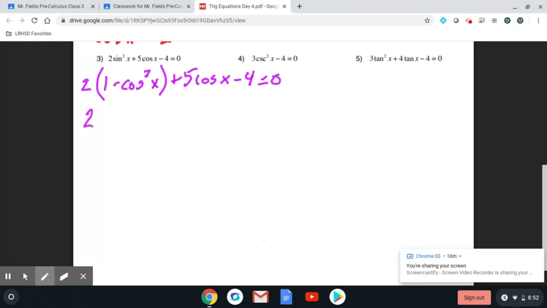Let's take that 2 and distribute it inside, and then start combining like terms, which we can really just combine the 2 and the negative 4 together.